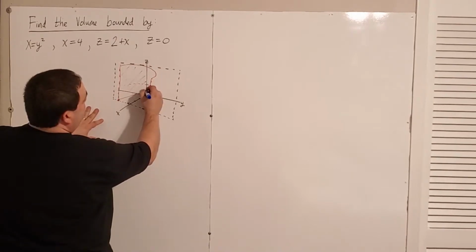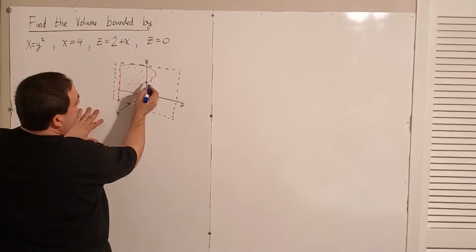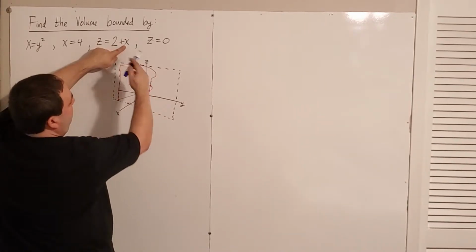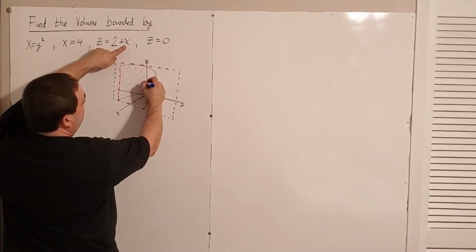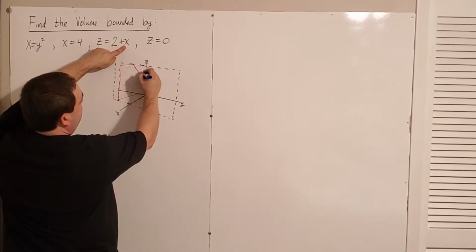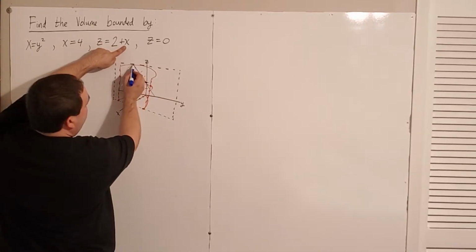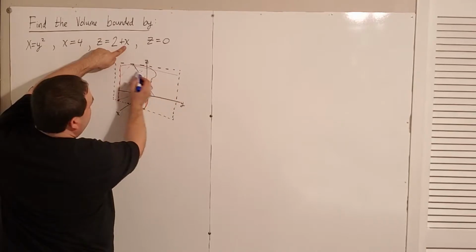That would be like this. If I were to put 2 marks on z here, z equals 2, and then have an x slope going into the x plane like this, right? And it's going backwards from it as well. And then the plane itself is coming across here.